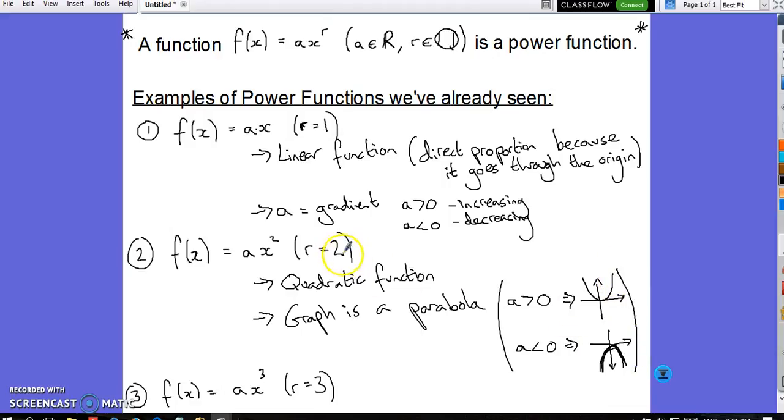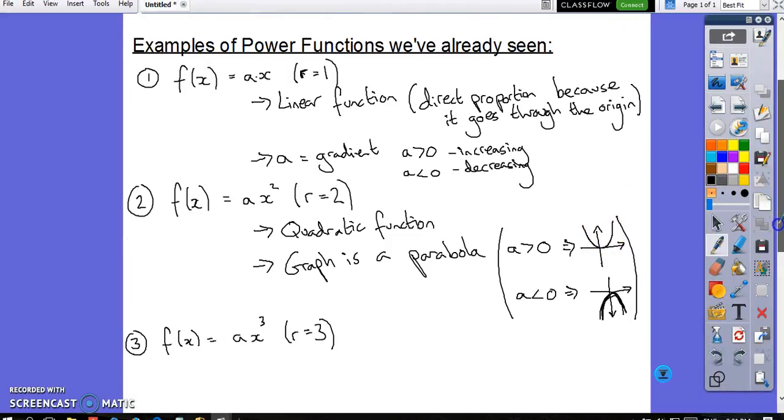So we know that this is going to give us a quadratic with a parabola that looks either like this or this, depending on the size of a. And of course, the larger a is, the steeper this is, the closer together these two arms are, the more extreme and pronounced this U shape is. And the smaller a is, the more open the parabola seems to be. So that's the second example.